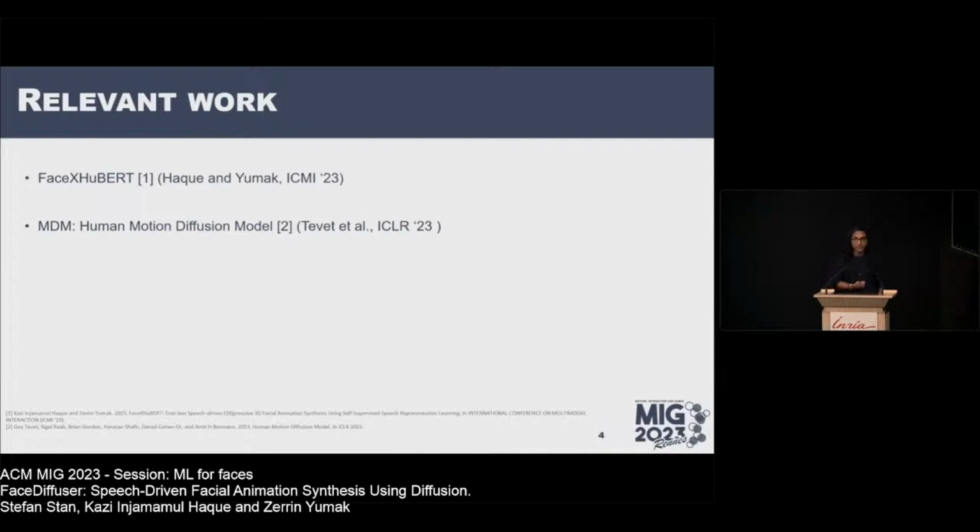MDM is a text-based human motion generation model. You give it a text like a person jumping, and it will generate body motion of a person jumping. So what they used as a condition is the text. In our case, we implemented the diffusion mechanism that is in MDM into FaceXHubert with some changes, of course. And our condition is not text, but the audio input.